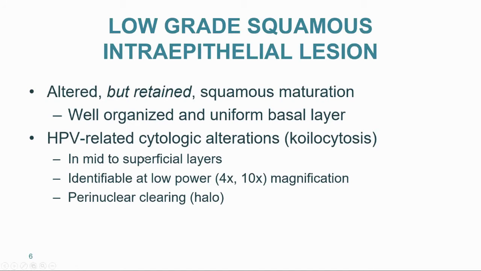Those changes, as I just said, are more evident in mid to superficial layers of the squamous epithelium and should be identifiable at low power magnification. If you go to high power magnification too soon, everything is going to look atypical to you, and you're going to run into the risk of overdiagnosing LSIL.